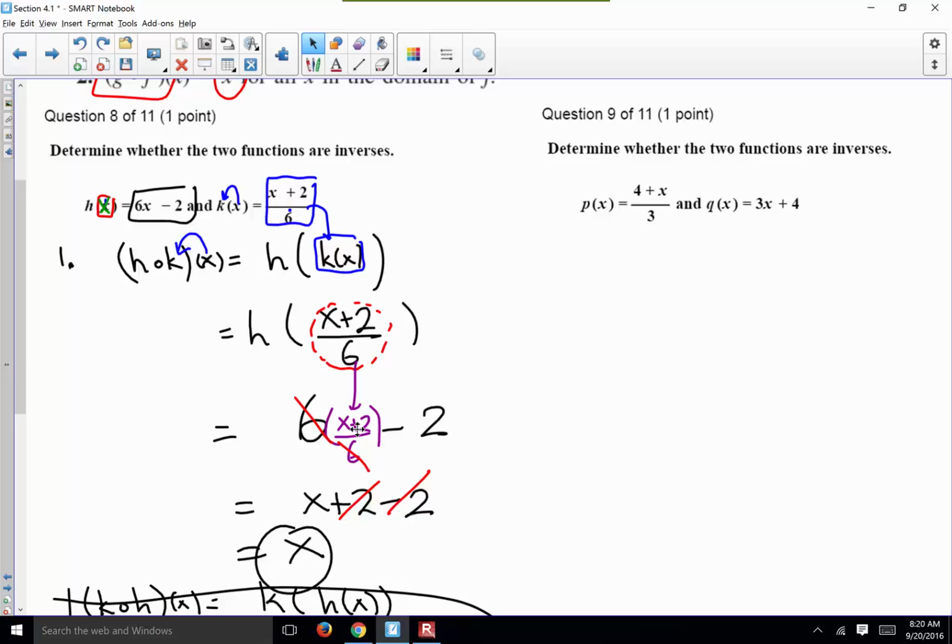What's the verdict? Not 1 to 1? 1 to 1? I'm sorry, inverse. Are they inverses? How many of you say they are inverses? Not inverses? Everybody? Kyle, what do you think? 9. Inverse or not inverse? Not inverse.